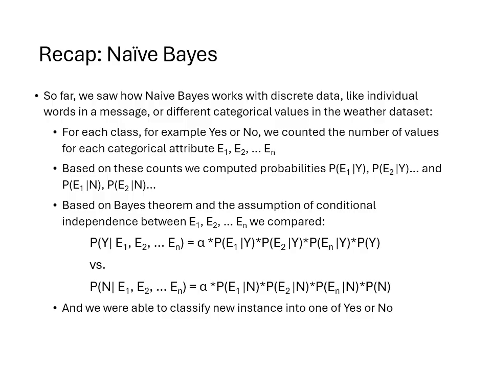Based on Bayes' theorem and the assumption of conditional independence between all these evidences, we compared probability of E1 given yes, probability of E2 given yes, probability of En given yes, multiplied by prior probability of yes, and compared that with probability of E1 given no, probability of E2 given no, probability of En given no, and prior probability of no. By comparing those two expressions, we were able to classify a new record into one of the available classes, in this case, yes or no class.